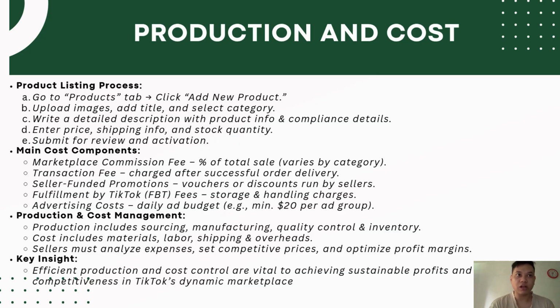Provide basic information, upload images of the product, formulate the title, and choose the most suitable category for your item. Write a detailed description, provide a price and description of your product features, and include legally mandated information.